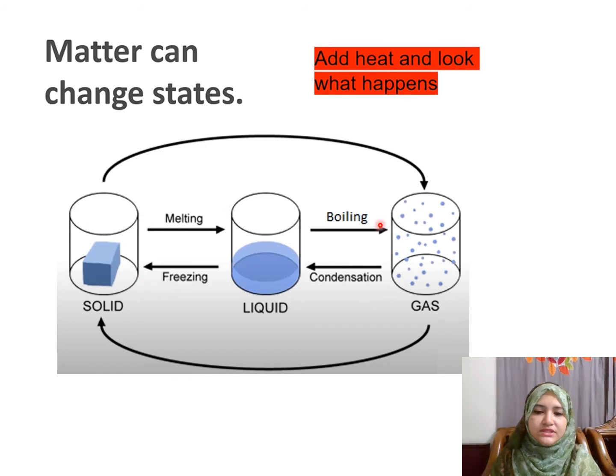We have a solid, a liquid, and a gas. If we add heat to this solid, it goes through the process of melting. Look at this arrow, it goes through the process of melting.